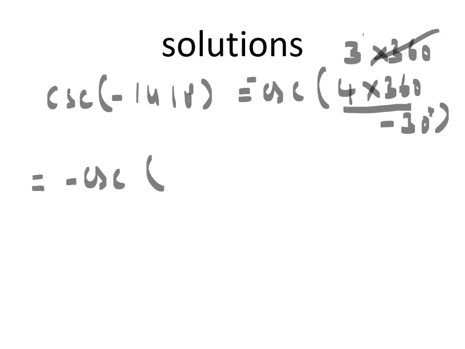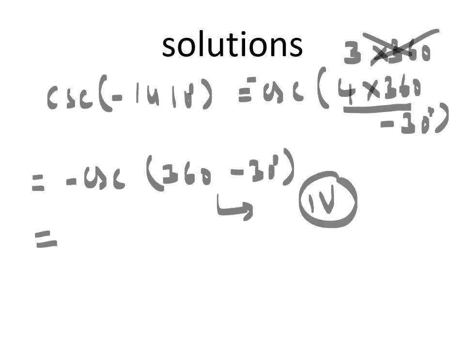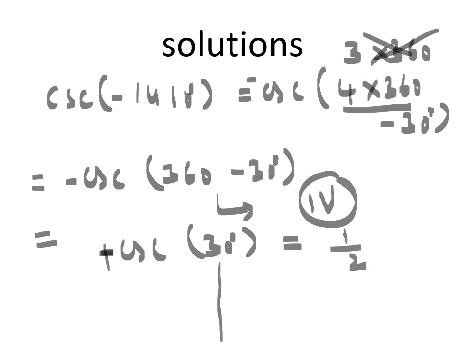So discard this part, left with 360 minus 30. This comes under the fourth quadrant. So minus cosecant of minus 30, minus of minus is plus only. Cosecant 30 finally, so therefore the result is 1 by 2.